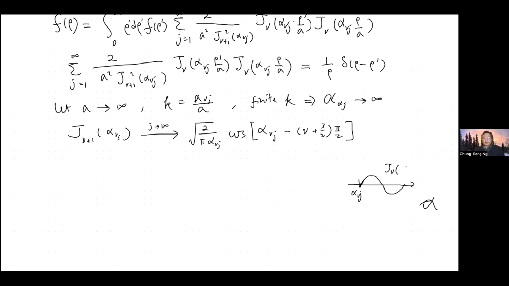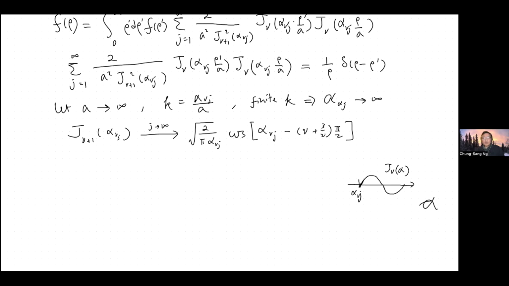And now for J sub nu plus 1, nu becomes nu plus 1, so it's increased by pi over 2. So you have a shift of pi over 2.